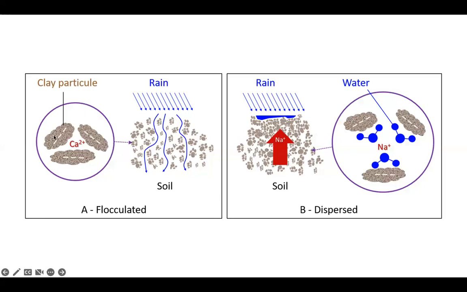This happens because soil particles are negatively charged. So soils, colloids, clays, etc., are negatively charged. The nutrients are positively charged, so we have an attraction.